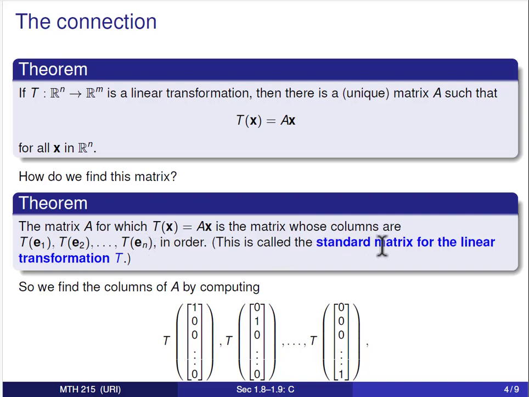That matrix is called the standard matrix for the linear transformation T. Just to remind you, or maybe this is new to you, but it's an important thing to remember: E1 is the vector that has a 1 in the first position and zeros in all of the other positions. E2 has a 1 in the second position and zeros everywhere else. E3, E4, and so on all the way through En each have a 1 in their own position and zeros everywhere else in the vector.